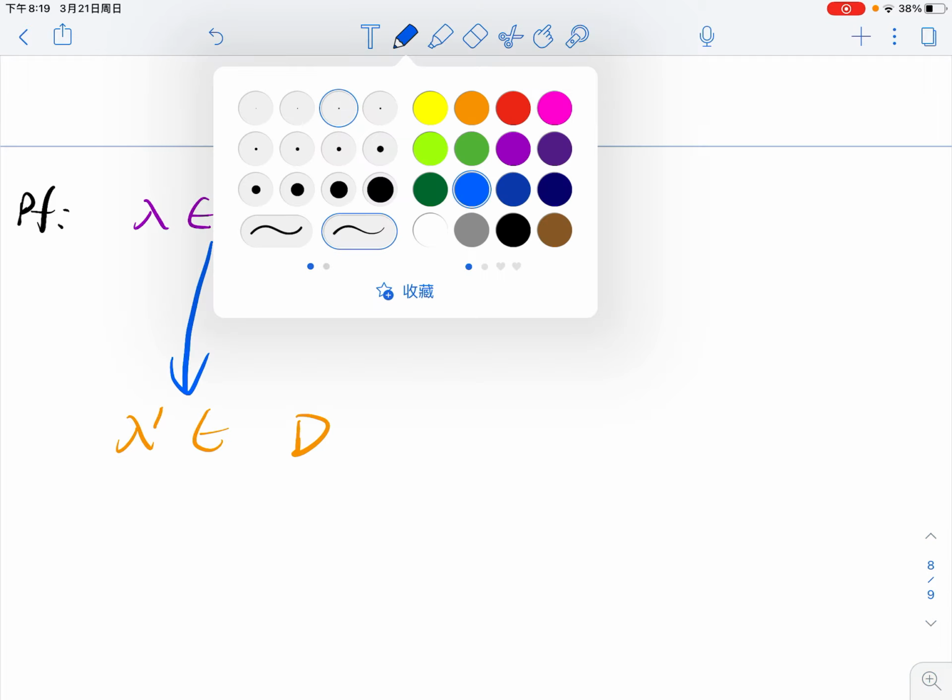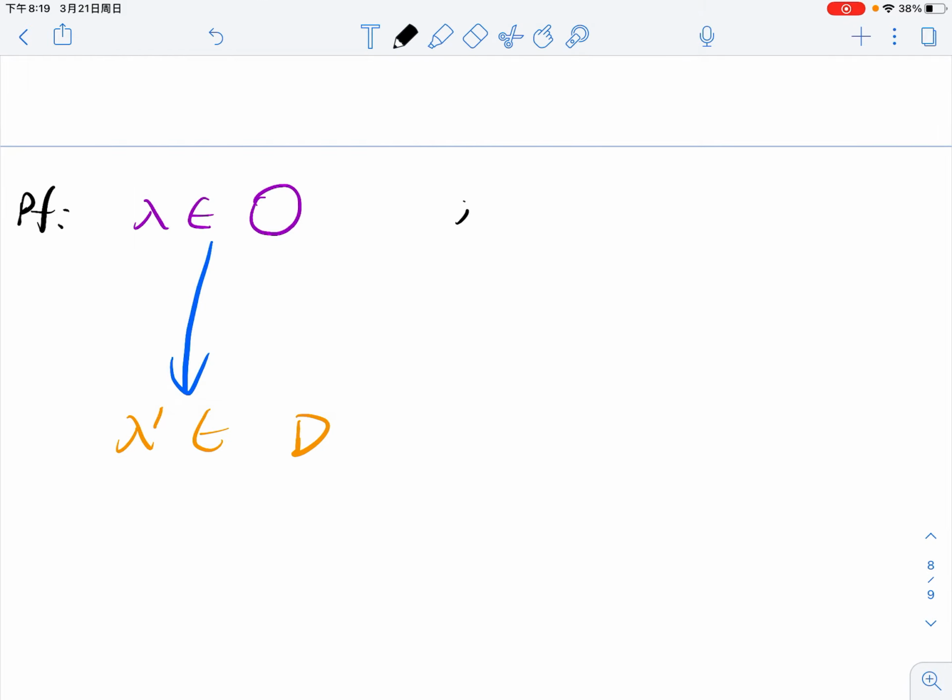Suppose lambda is given by n1 plus n2 plus all the way to nl. Note that there might be equalities between these parts.